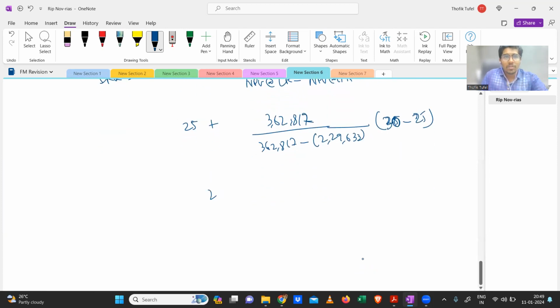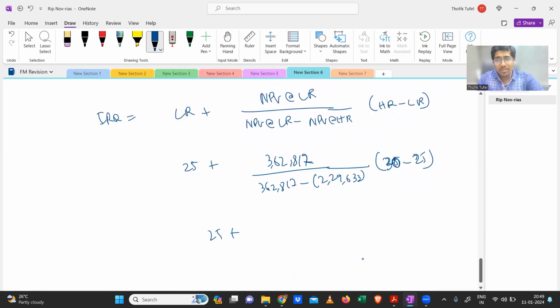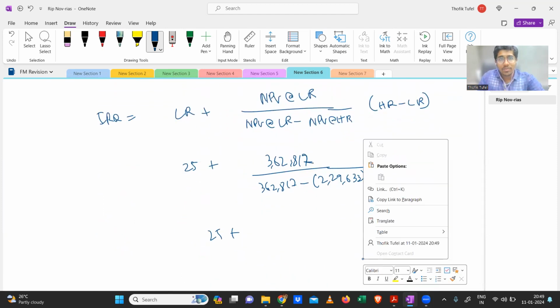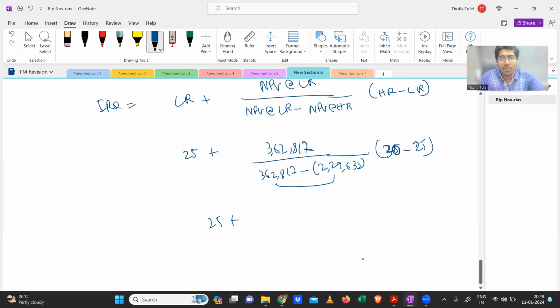So 25 plus 3,62,817 into 5, divided by this plus this, which is nothing but 5,92,450. So 3,62,817 divided by 5,92,450 into 30 minus 25, that is 5. What is the amount that I will get?